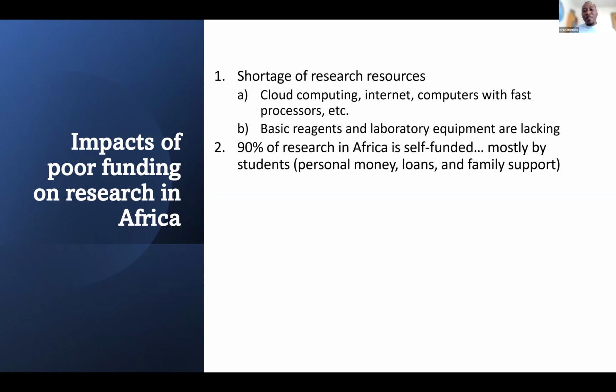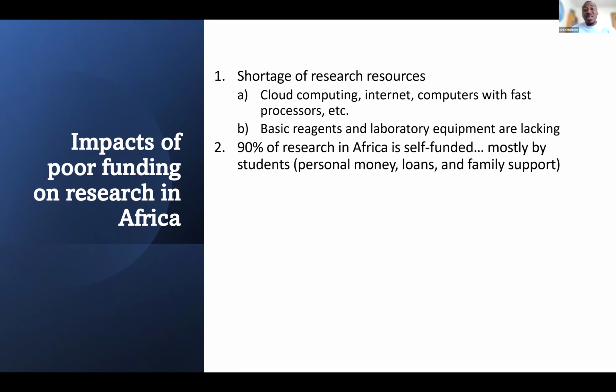And so when papers come from Africa and you are the reviewer or the editor and you say, well, this paper has low generalization because they are studying in small areas. Well, they used their own personal money to do the research. So how do you expect them to have a large study area?